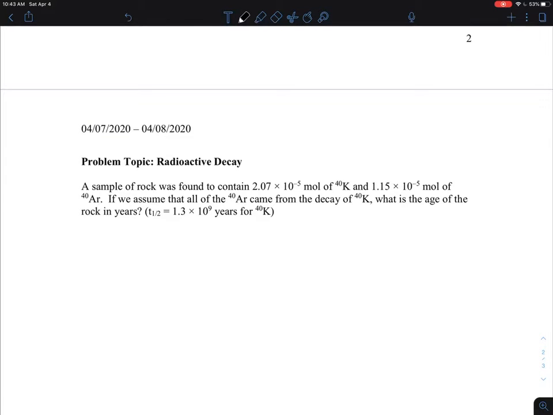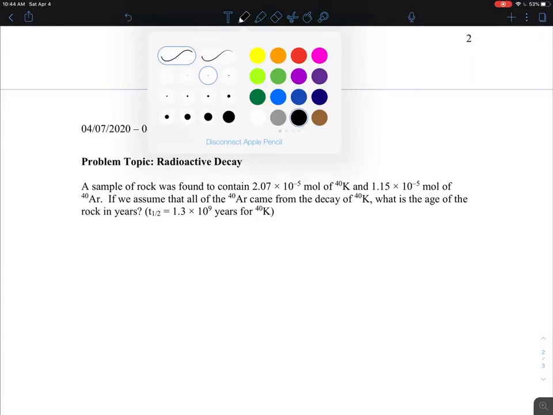Okay, so let's talk about the second problem, which is radioactive decay. This is a part of nuclear chemistry that has a practical use, which is dating some rock, for example. So let's read the problem.